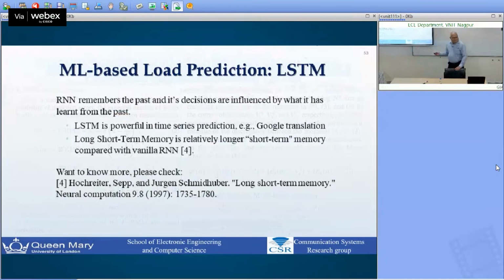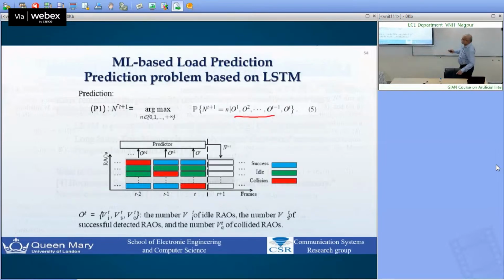How we are going to predict the load here: we have observations from time slot 1, time slot 2. From time slot 1 we know how many idle, how many collided, how many succeeded. We have observations 2, 3, 4, up to this point.